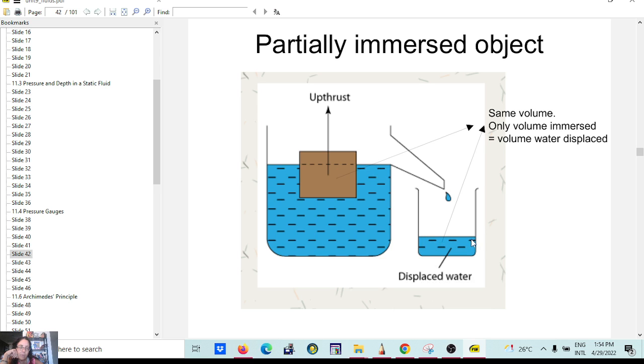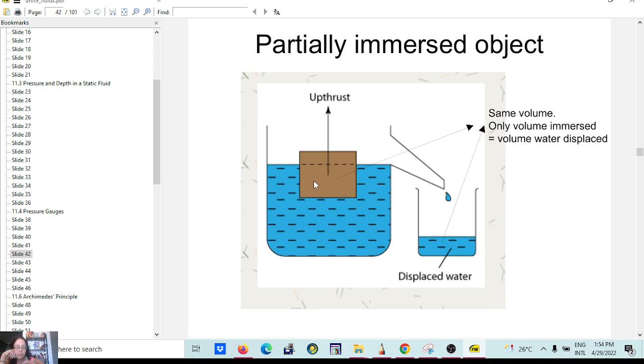Now the volume of the water displaced will be equal to the volume submerged. So it won't be equal to the whole volume of your piece of wood, but it will be the volume of the piece of wood submerged.